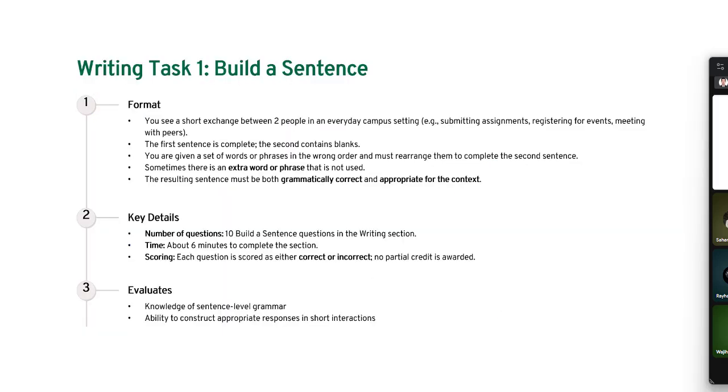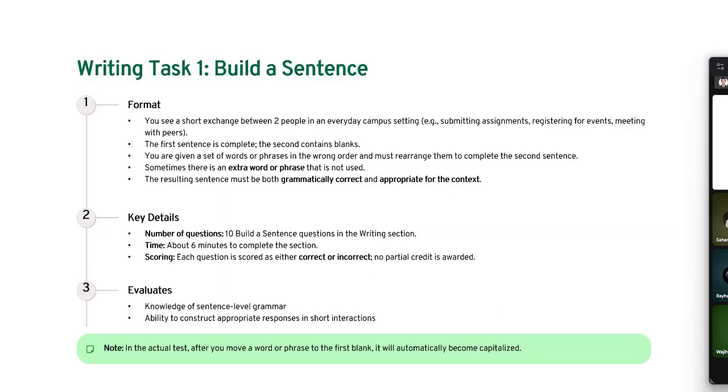Besides that, on the actual test, whenever we move a word or phrase to the first blank, if it is at the beginning, it will be automatically capitalized if needed, but on mock tests it's not like that.